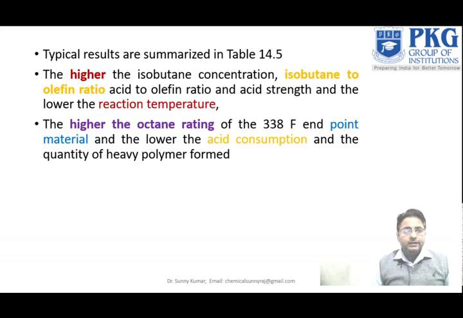So for the higher octane number we require this 338 Fahrenheit endpoint material and lower acid consumption.